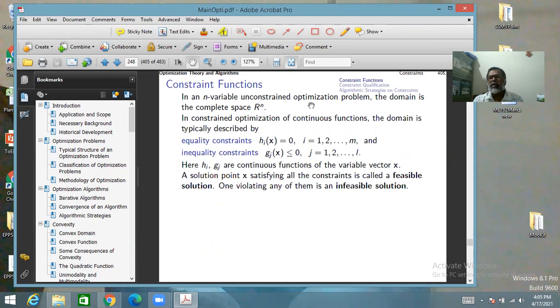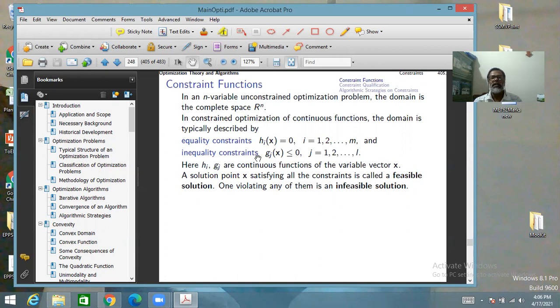So in the unconstrained optimization problem of n variables, the domain was the complete n-dimensional Euclidean space. In constraint optimization, the domain is typically described by equality constraints of this kind and inequality constraints of this kind. Now, the way we work out the official theory, it is important that all equality constraints are brought in this form, that is taking everything on one side and equating that expression to 0.